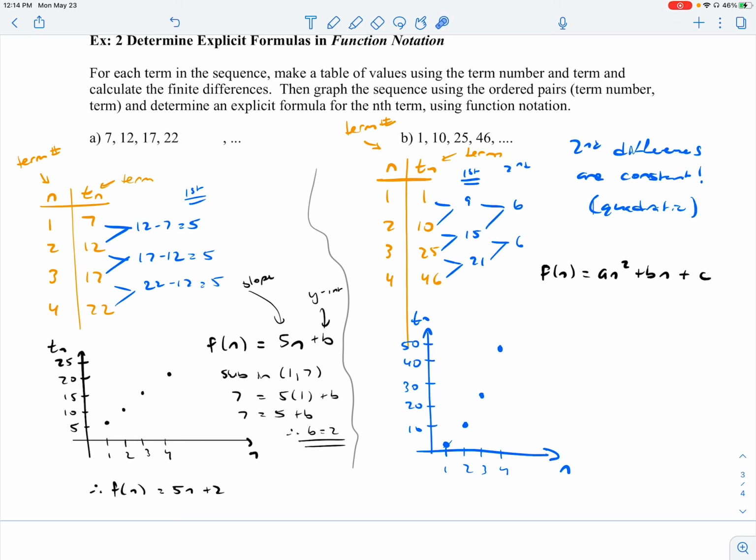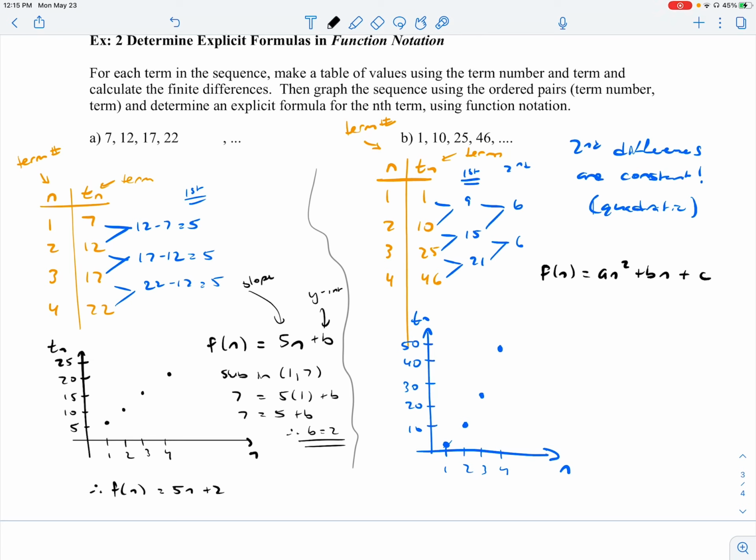Notice I made it look like ax squared plus bx plus c. That would be our standard form for quadratic. When you do the finite differences, there's something special about the number in here. This number that's constant is always twice the value of the number in front, a.